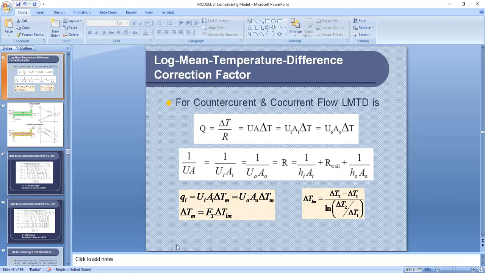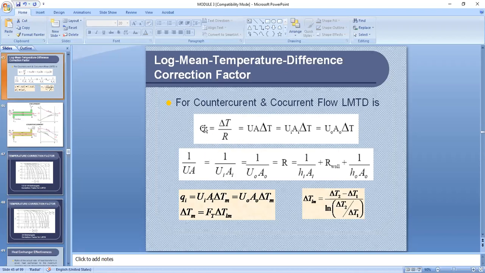Now, this particular formula can also be compared to this one. This is the generic equation based on the fundamentals of heat transfer, as I think was introduced to you in your thermodynamics. So UA delta T can also be equated to the delta T over the summation of the resistances.